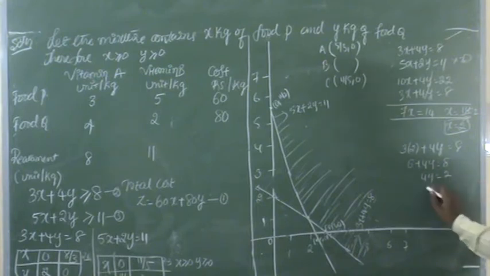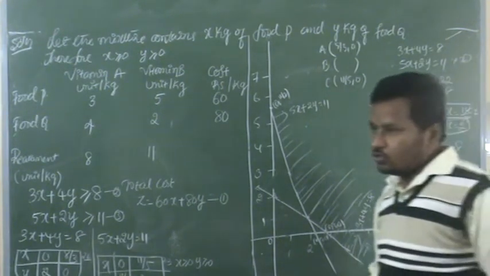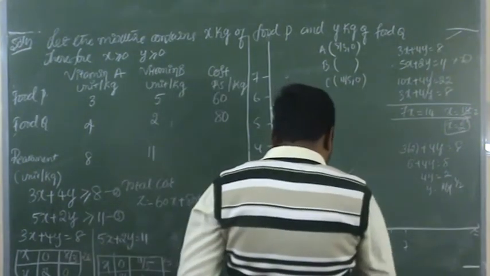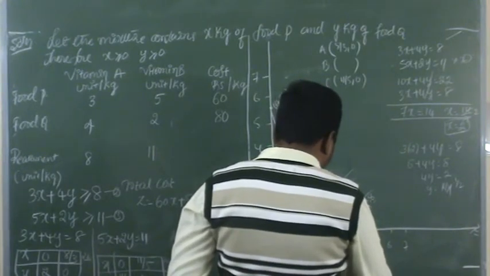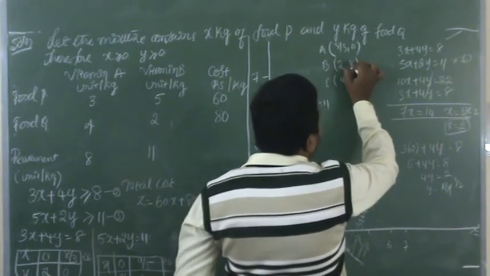So y equals 2 divided by 4, that is 1 by 2. Here the x value is 2 and the y value is 1 by 2. This is point B: x equals 2 and y equals 1 by 2.